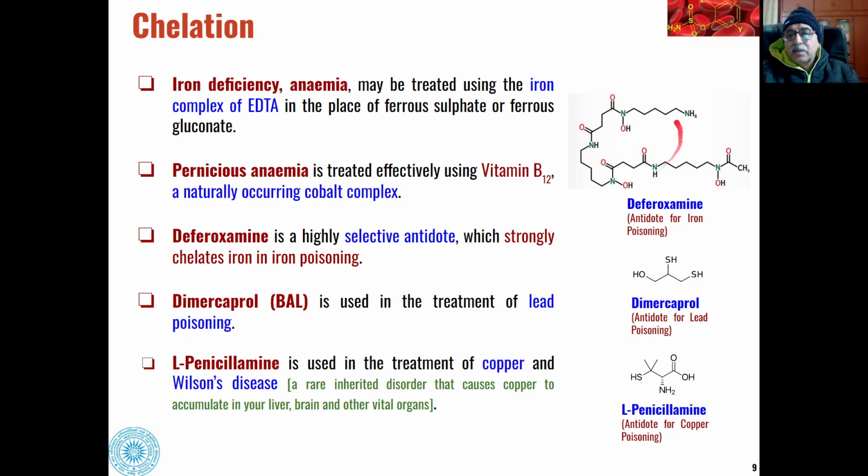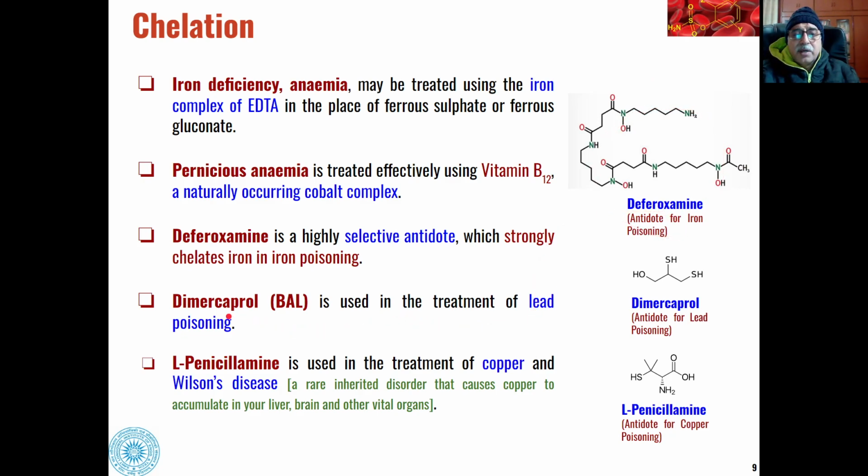Then deferoxamine is basically an amide which acts as an antidote for iron poisoning. If there is iron poisoning in the body, we can give deferoxamine. This will form a coordination complex with the iron present in the body, and those will be removed from the body.